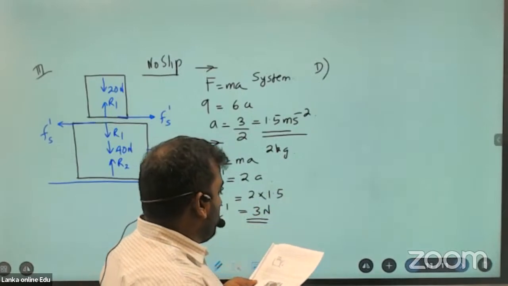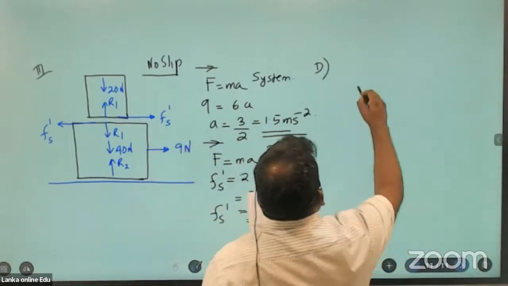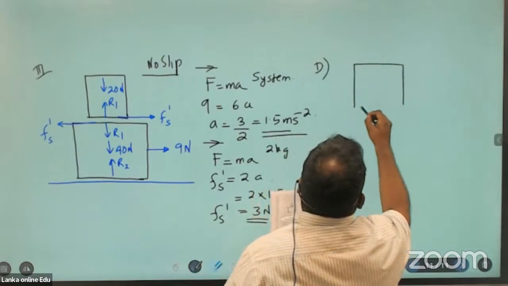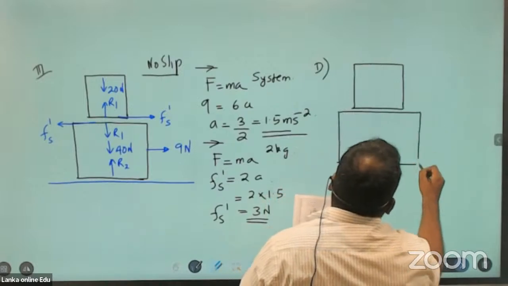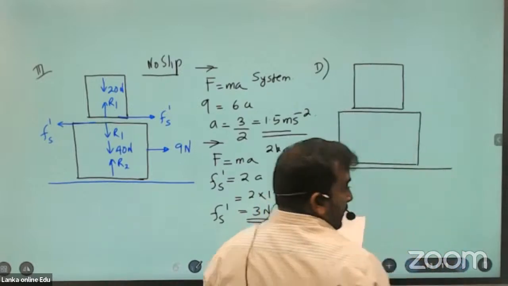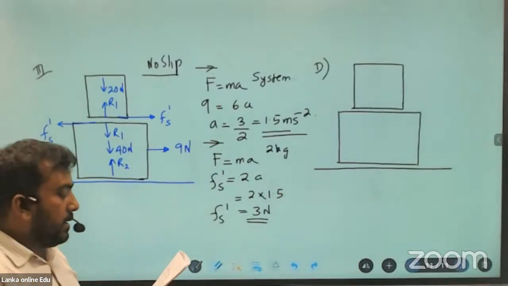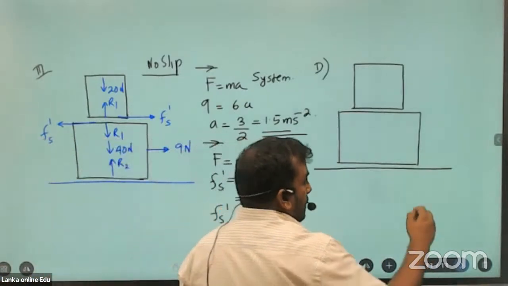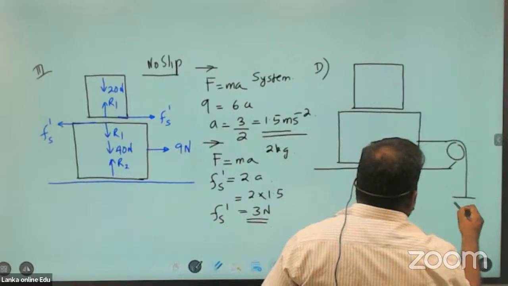Part D. Two masses, 5 kg and 10 kg, are kept on a smooth horizontal surface. Now here you can see it is connected to a mass passing over a pulley, and another mass is there.